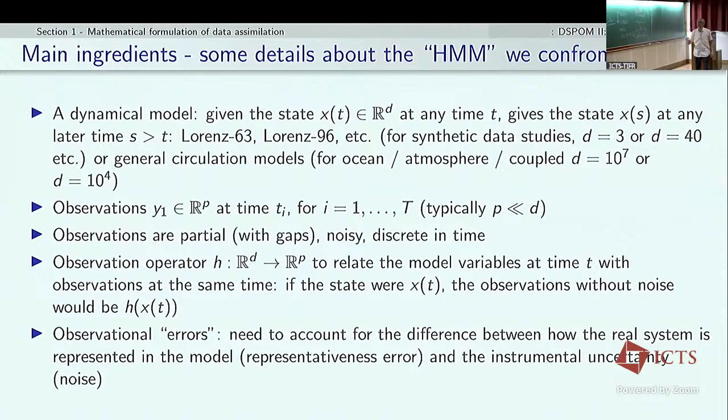I should make a distinction between the system and the model. Those are the kind of sizes that we have to deal with. As I said, observations are partial and noisy. Partial is every 6 hours in time, and of course very sparse compared to the size of the system.